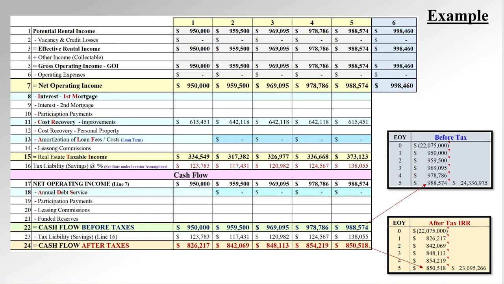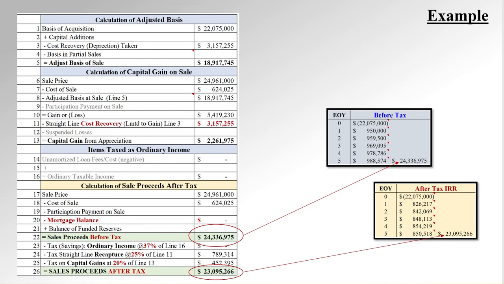So when we run the 5-year numbers for Mr. Trump's building, we come up with the cash flow before tax, which is depicted here, which goes to these here. And for the after-tax cash flows goes here. Notice that the acquisition cost remains the same for before and after tax. And how we get the sales proceeds, it basically comes from the calculations of adjusted bases, adjusted for capital gains and ordinary income.